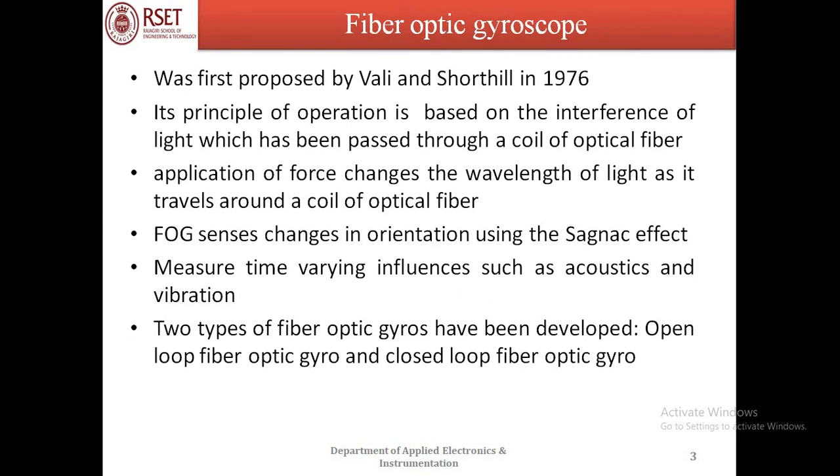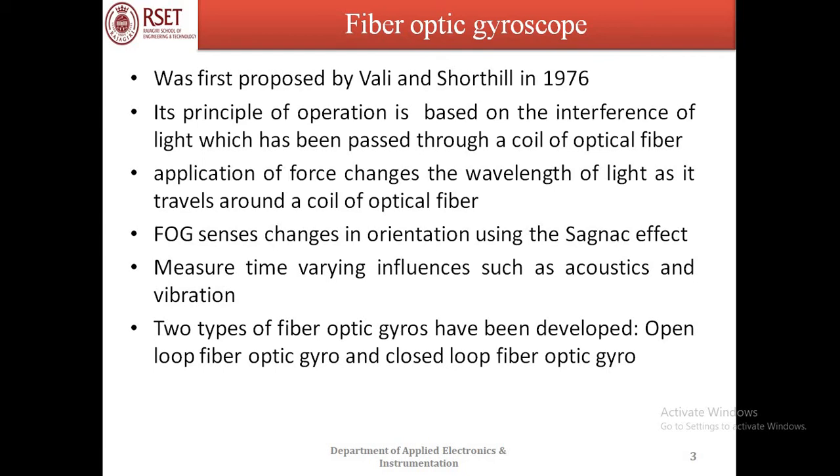Fiber optic gyroscope was first proposed by Vali and Shorthill in 1976. Its principle of operation is based on the interference of light which has been passed through a coil of optical fiber. Fiber gyroscopes are based on the principle that application of force changes the wavelength of light as it travels around a coil of optical fiber.